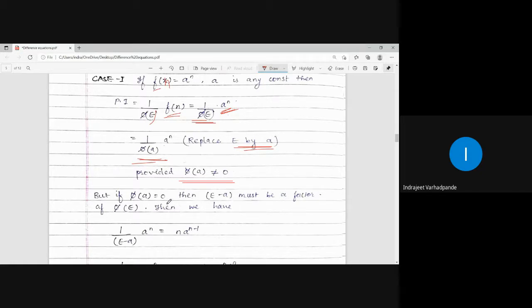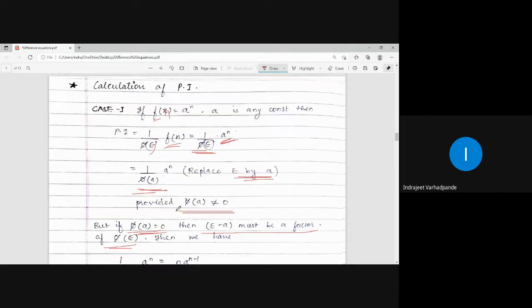If you get this phi of a as 0, then I consider that E minus a must be a factor of phi of E. Now what is this logic? See, whatever the roots of this polynomial are, the CF will be written in that manner.